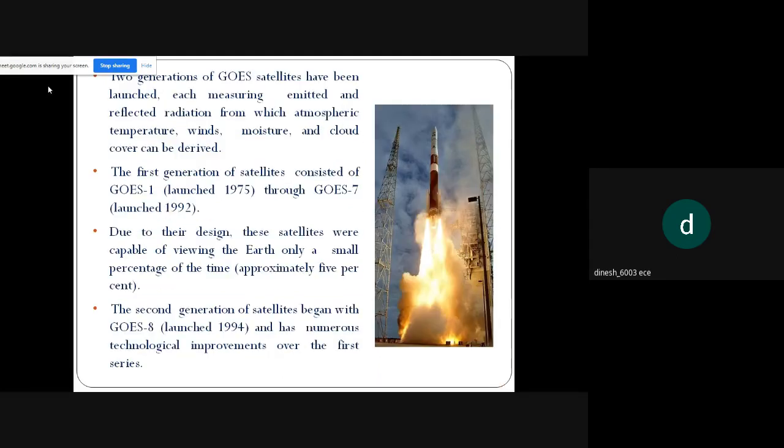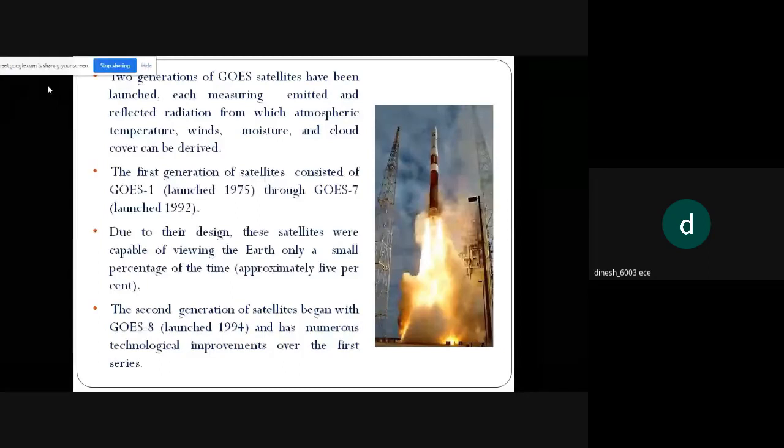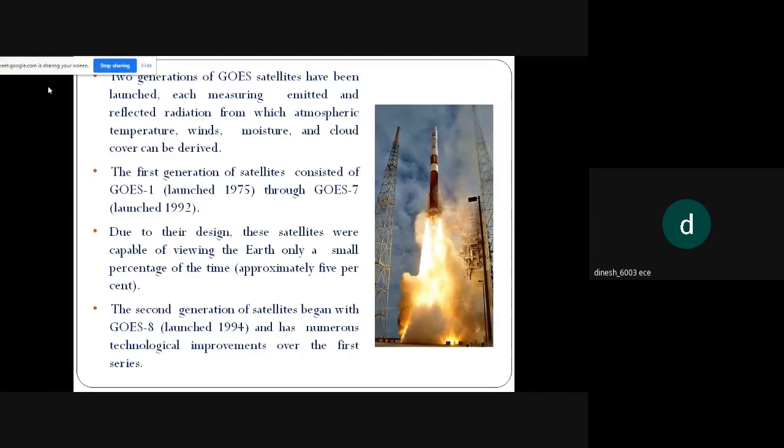GOES. There are two generations of GOES satellites launched, which measure emitted and reflected radiation from which atmospheric temperature, winds, moisture, and cloud cover can be derived. The first generation consisted of GOES 1, launched in 1975, through GOES 7, launched in 1992.